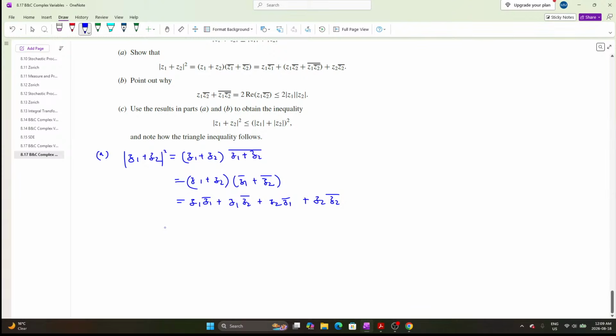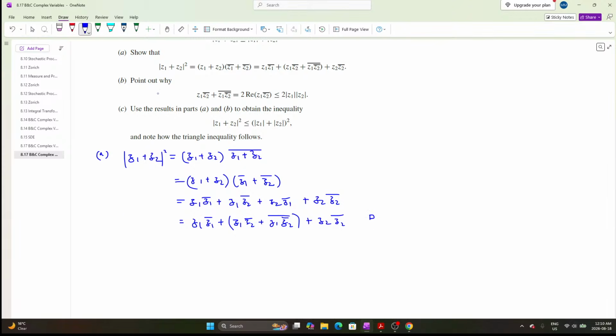Here in the middle, I think we already used this trick earlier, you notice that this is just z1 times z2 bar taking conjugate. You can group these two together, and finally plus z2 times z2 bar as needed. Okay, so part A is done.